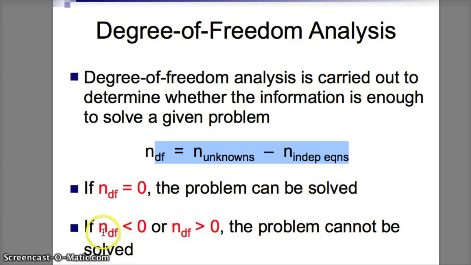If the number of degrees of freedom is less than 0 or more than 0, the problem cannot be fully solved. This is an initial step to determine whether the system can be solved or not. Sometimes the number of degrees of freedom is non-zero, so you still have to partially solve the equations in order to obtain some results.